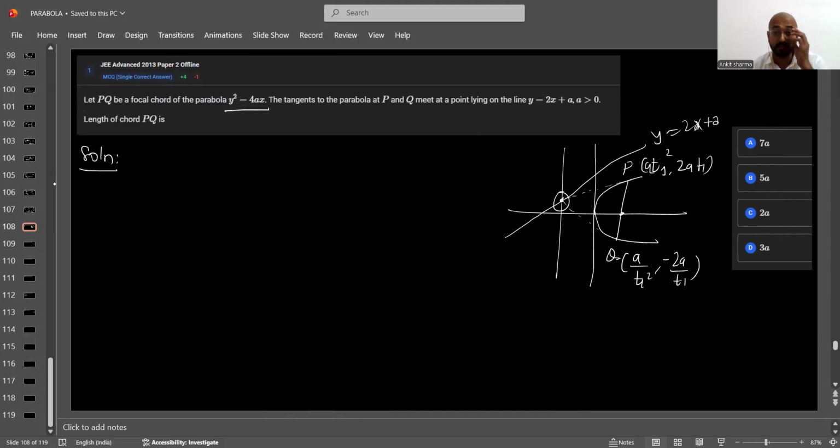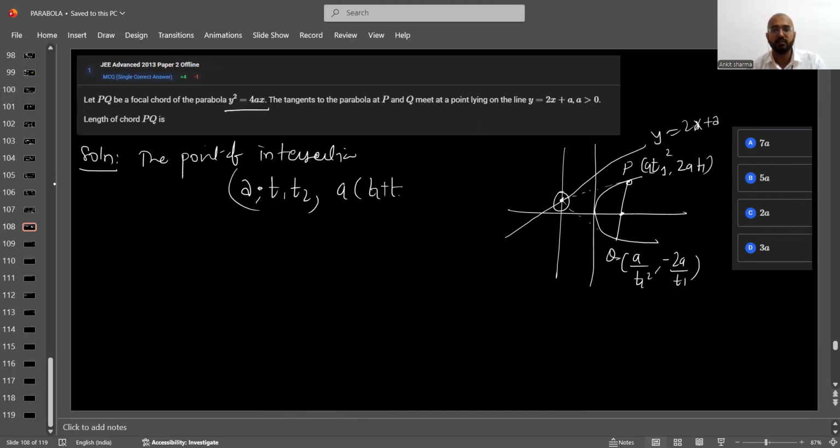We know the endpoints of the focal chord property. Now from here, the point of intersection would be a times t1 t2, a times t1 plus t2.